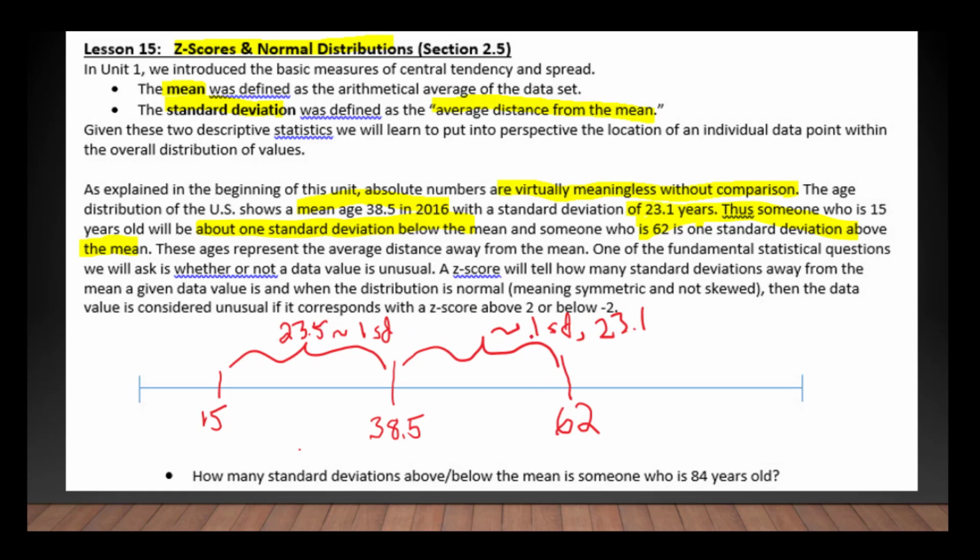A little rough, but that's fine. Just want you to get the idea of what a standard deviation is and how it applies off the mean. Now notice this is 1 standard deviation below the mean. This is 1 standard deviation above the mean.